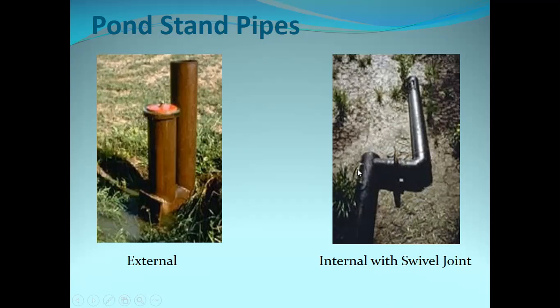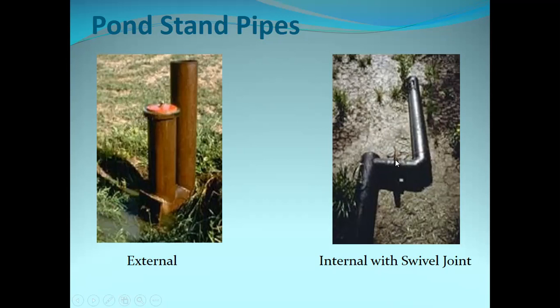In this orientation, the pond is in drain out mode, so all the water from the pond has already exited. However, if we want to refill this pond, we simply raise up this pipe that is lying on the ground horizontally. It swivels at the joint and raises up, so the pond can now fill with water. And when we're ready to drain, we push it down, so it moves at the joint here.